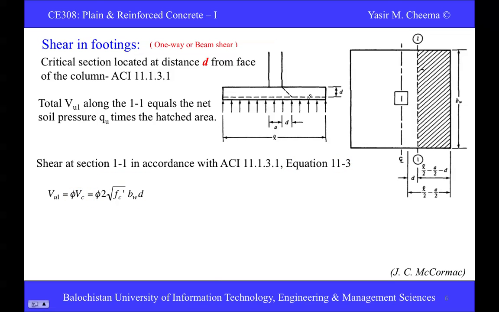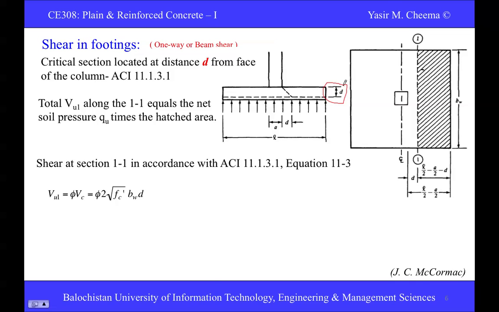Actually, we have to find out this d. Sometimes in preliminary design we assume a design value of d, but in design we always have to compare our assumed d, the assumed effective thickness, with our calculated thickness.